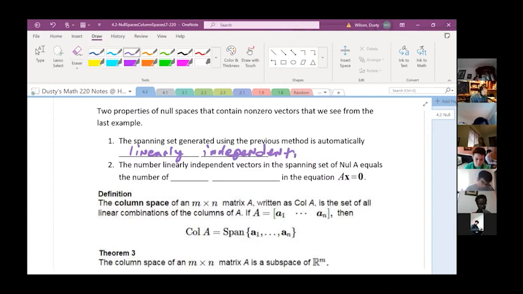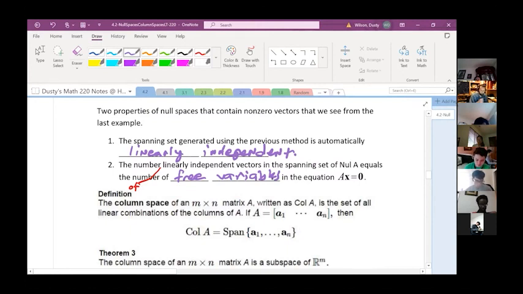The number of linearly independent vectors in the spanning set of Null A equals the number of free variables in the equation AX equals 0.